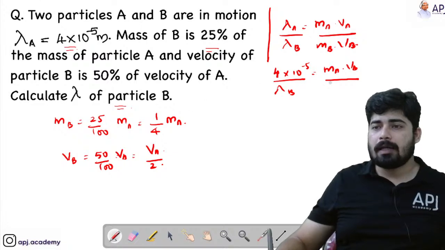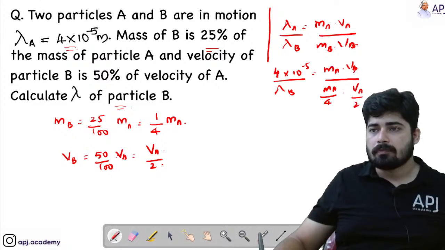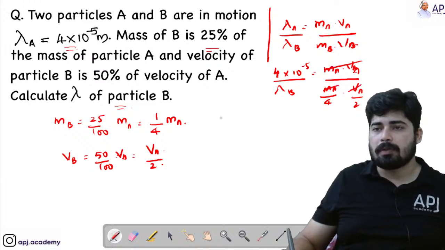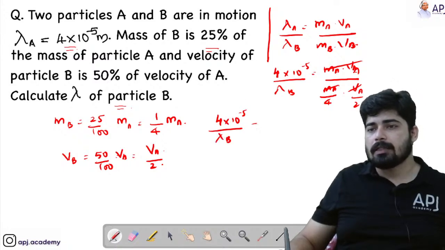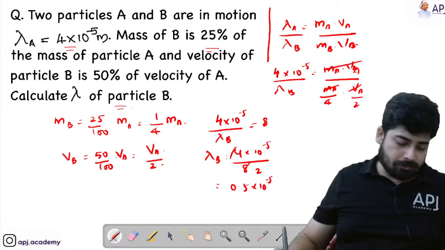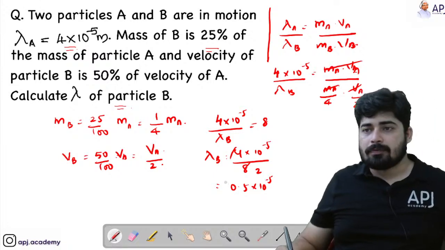MB is equal to MA by 4. What is VB? VB is VA by 2. Cancel MA VA. This will be 8, and it will go to the numerator. So 4 into 10 raised to minus 5 by λB is equal to 8. So λB is equal to 4 into 10 raised to minus 5 divided by 8. You can cancel it with 2, so you will get 0.5 into 10 raised to minus 5.